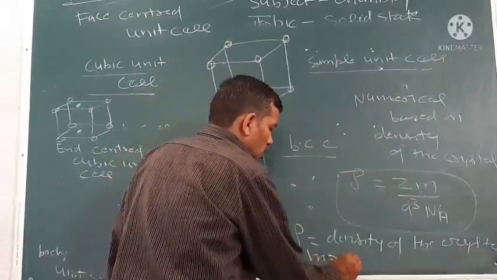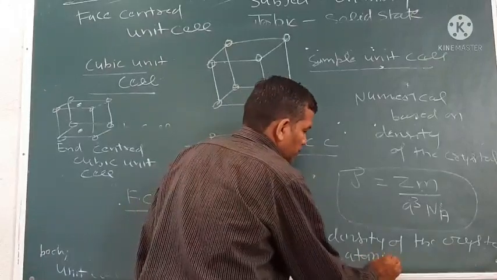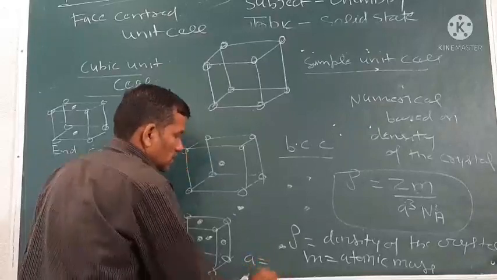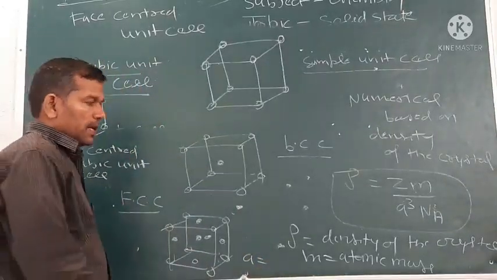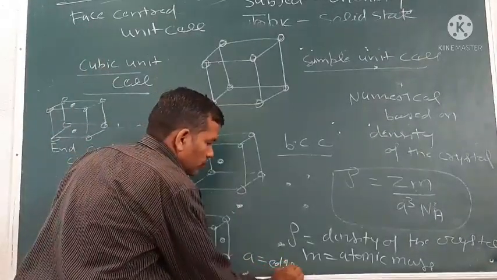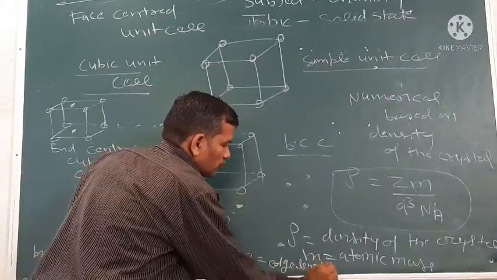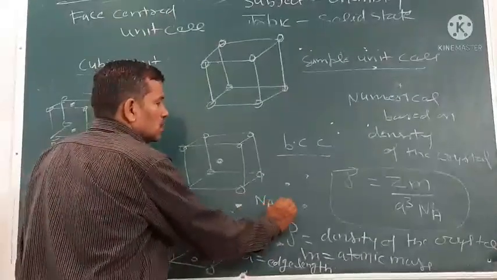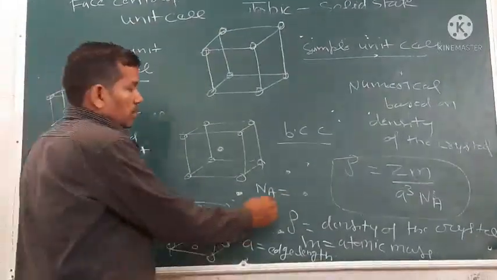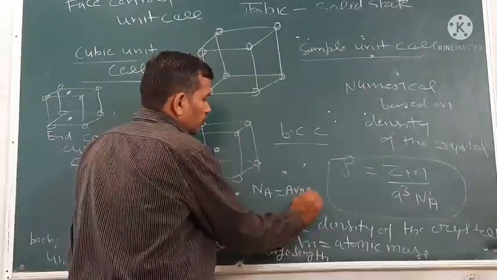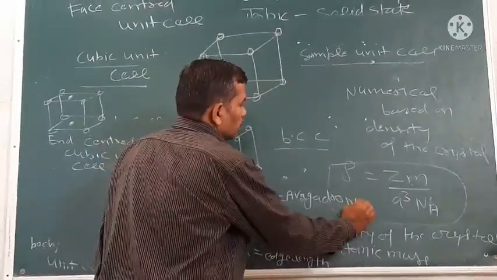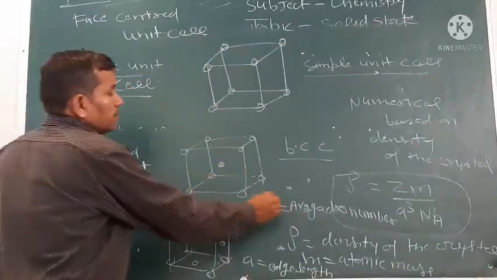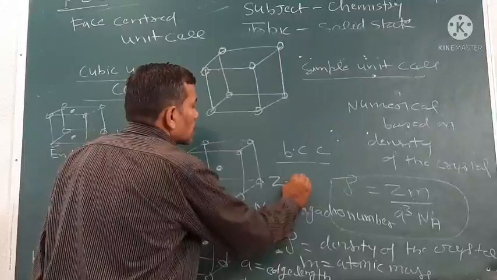M is the atomic mass, a is the length of the cube, Na is the Avogadro number, and Z is the rank.